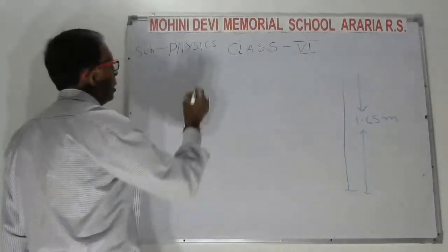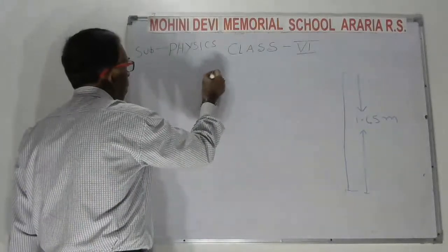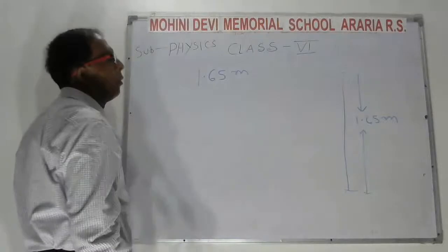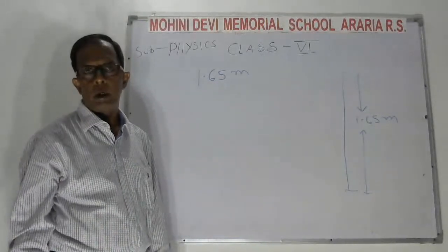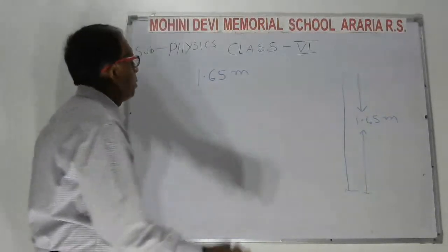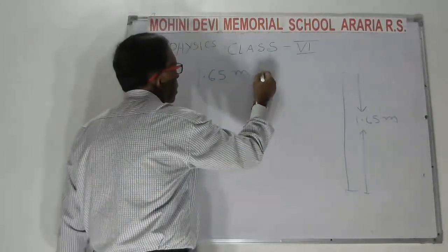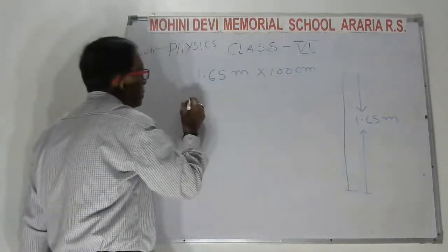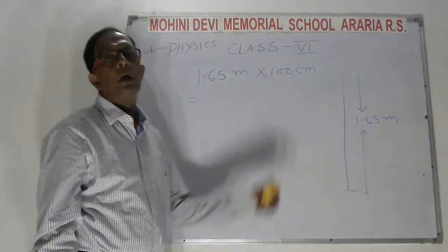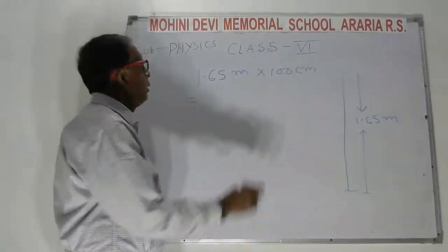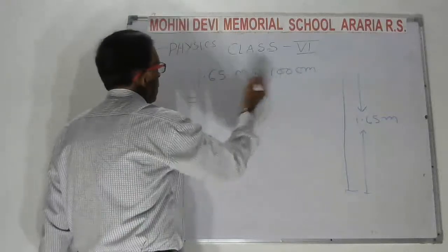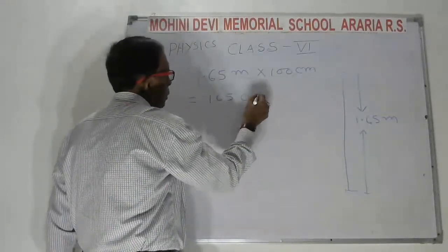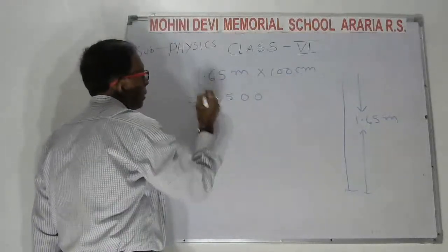At first, 1.65 meter is converted into centimeter. And you know that 1 meter is equal to 100 centimeter. Then you will multiply this 1.65 meter by 100. And by mathematics, the answer is 165, and double zero here, and decimal is after 2 digits.